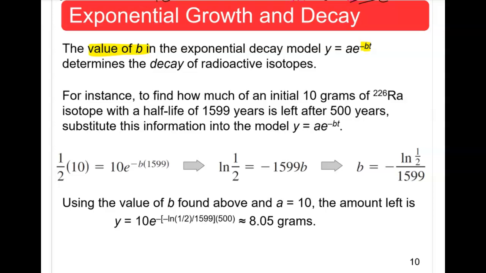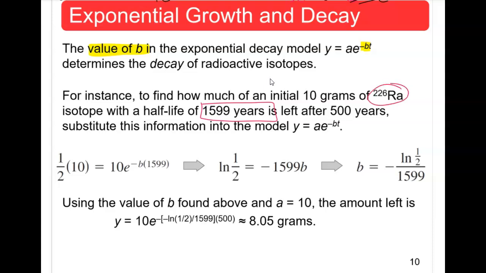For instance, find how much of an initial 10 grams of radium isotope 226 with a half-life of 1,599 years. So that's almost triple the carbon-14.